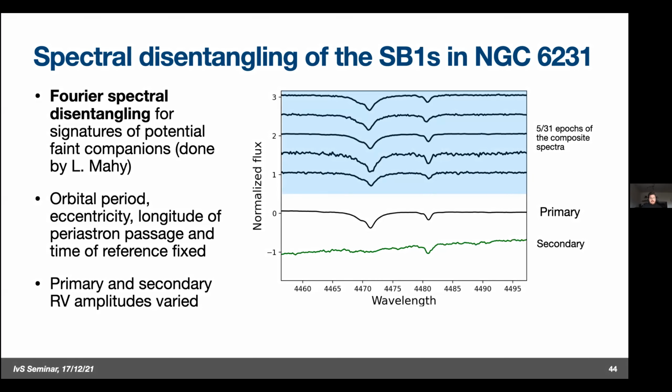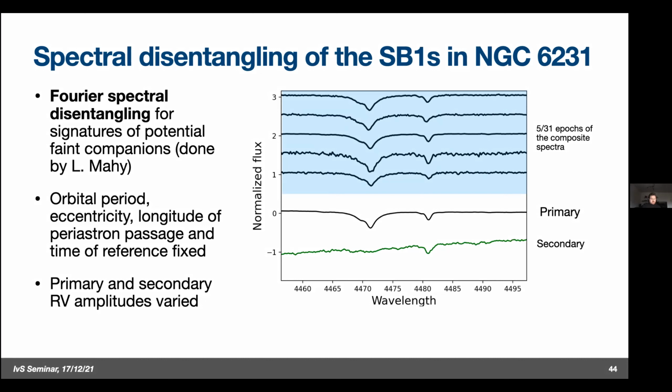What I was going to say is that out of the 15 SB1s that we have, in 7 we find spectral secondary companions. So 7 of our 15 SB1s are actually SB2s, and these are the ones that you saw in the mass ratio distribution earlier.